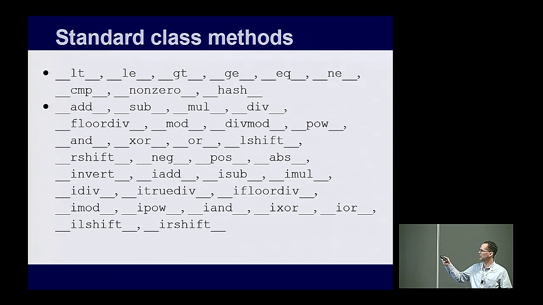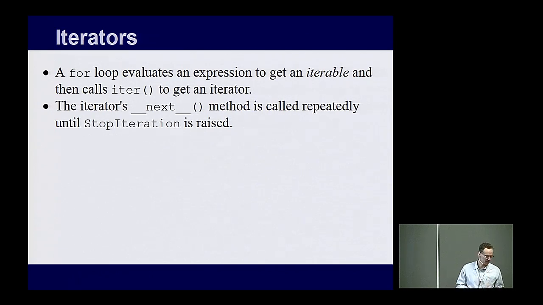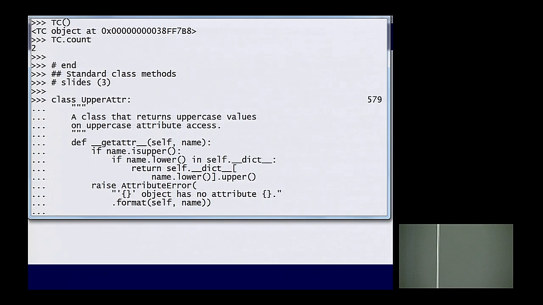Then we also have the R versions of them. So if Python has an object plus an object, it'll look for the add method on this, and if it can't find it, it'll look for the radd method on that. Enter, exit, context managers. So those are just so you know, all those things that you control do some stuff.